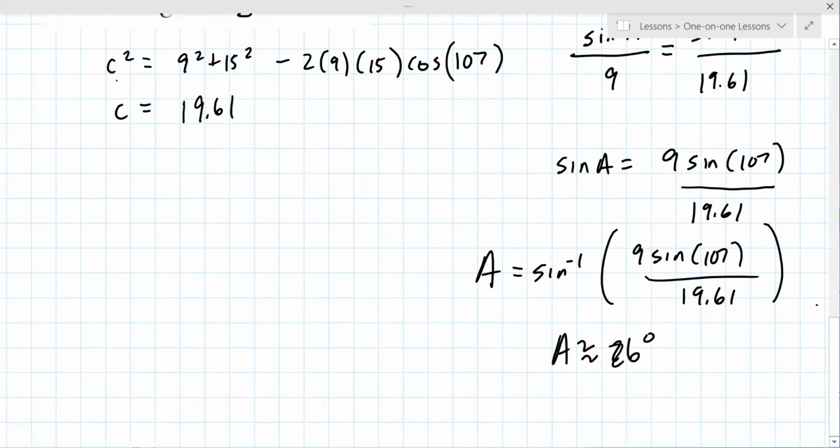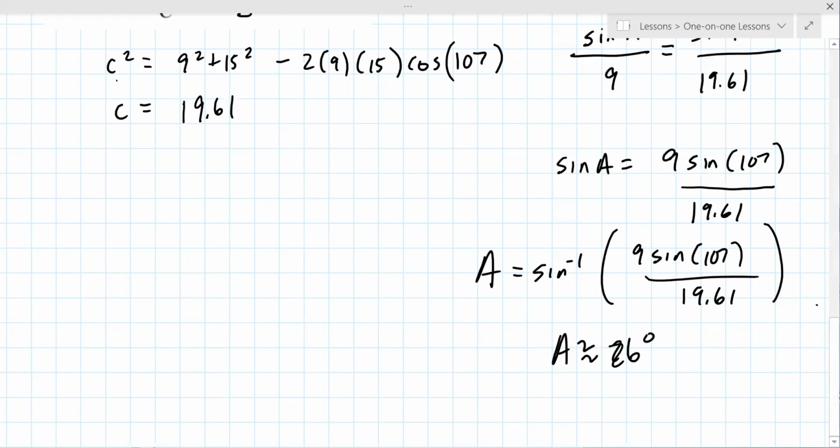So give that a look. Give that a calculation. See if you get 26 degrees. Close enough.